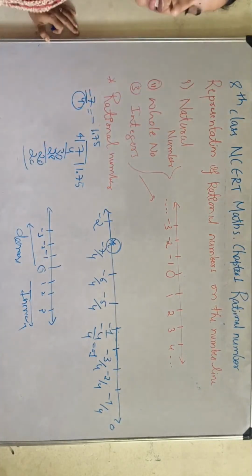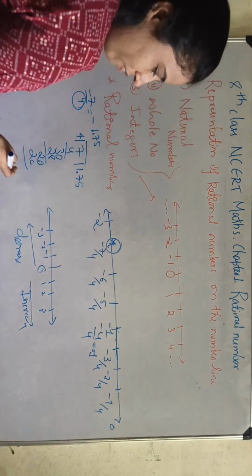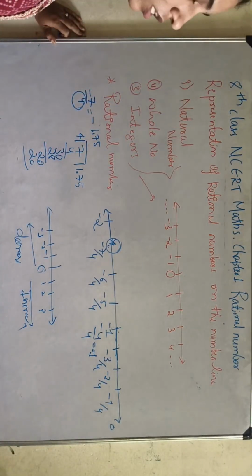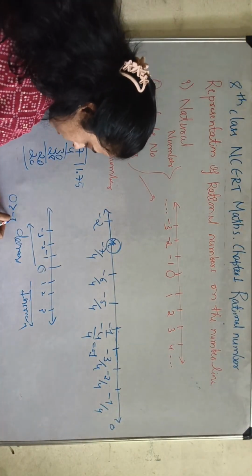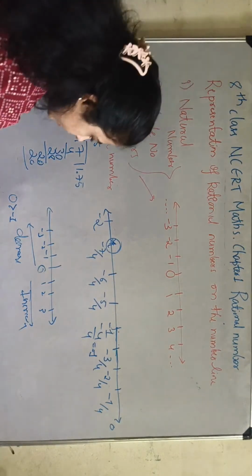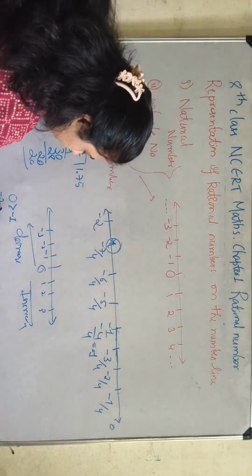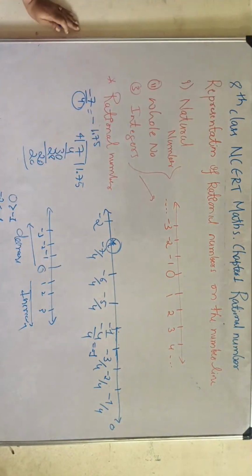And I will ask one question here. From 0 to the left onwards, the value of the number decreases. Then 0 is greater than minus 1. You will agree with this? Then minus 2 is less than minus 1, because to the left side the value is decreasing.